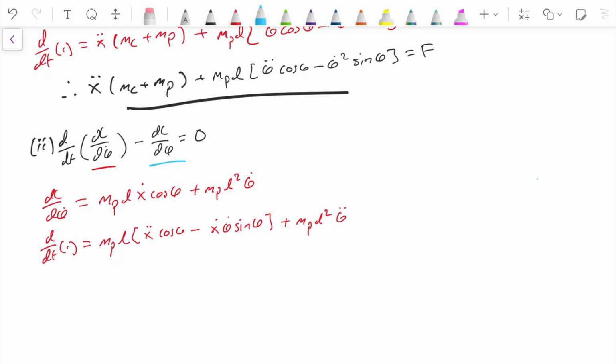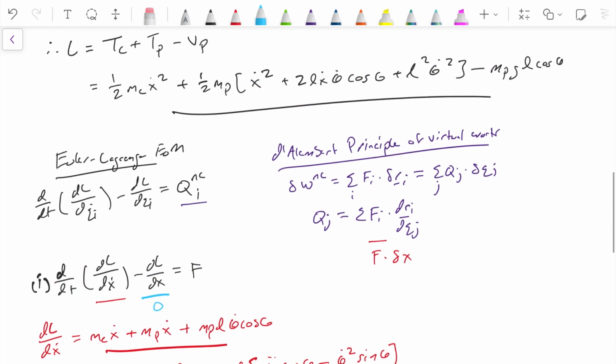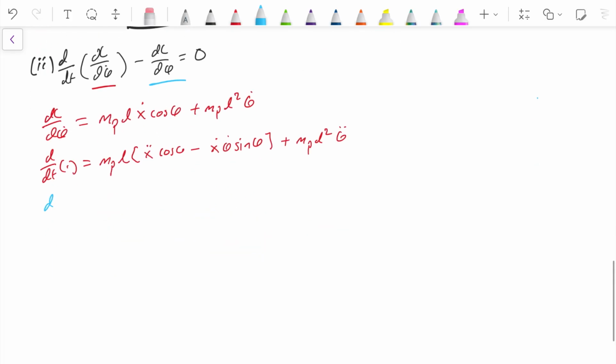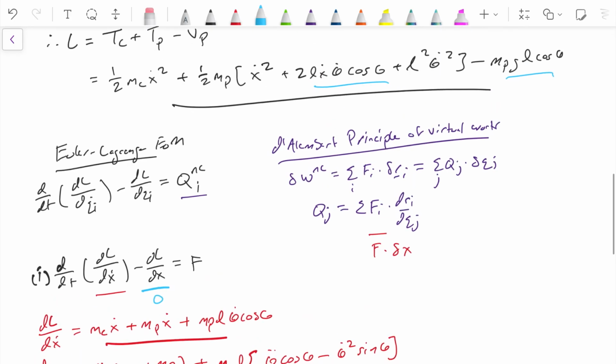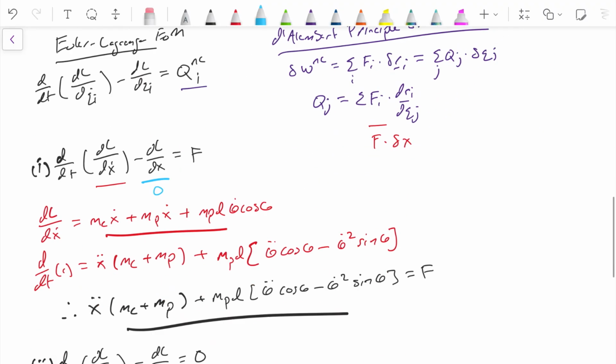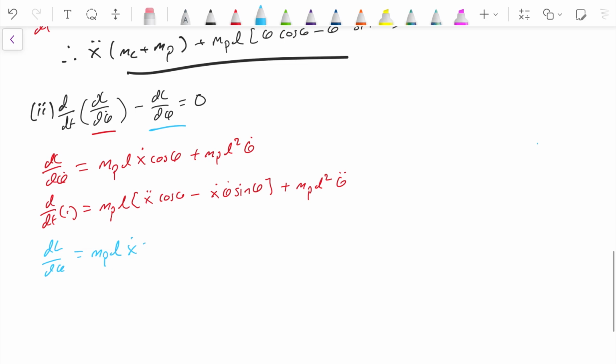Now we do have a theta component in the Lagrangian here and here. So let's look at the first one. So we have dL, d theta. And so this first guy, MPL, and then it's x dot theta dot. This isn't with respect to time, it's only the partial of theta.